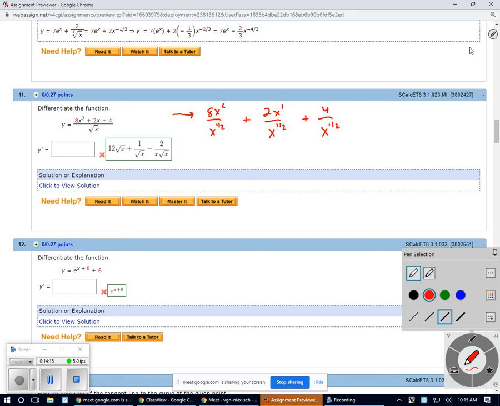And algebraically, it's not doing calculus yet, still doing algebra. This is 8x to the 3/2. Be careful there, you're subtracting your exponents. And 2 is just 4/2. Plus 2x to the 1/2 plus 4x to the negative 1/2.